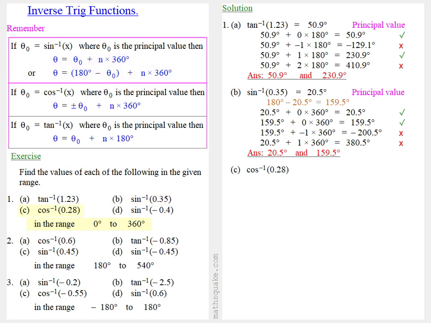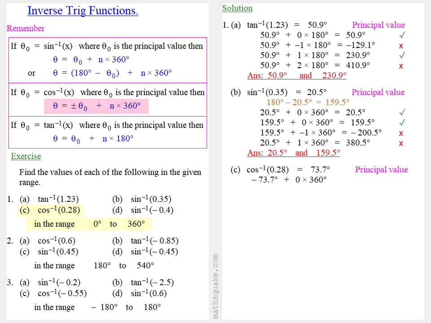In part C, we're asked to find the inverse cosine of 0.28. Now, if we do that on the calculator, we get 73.7 degrees to one decimal place, and that's our principal value. Now, for the inverse cosine, the general solution is the principal value plus n times 360 degrees, or minus the principal value plus n times 360 degrees.